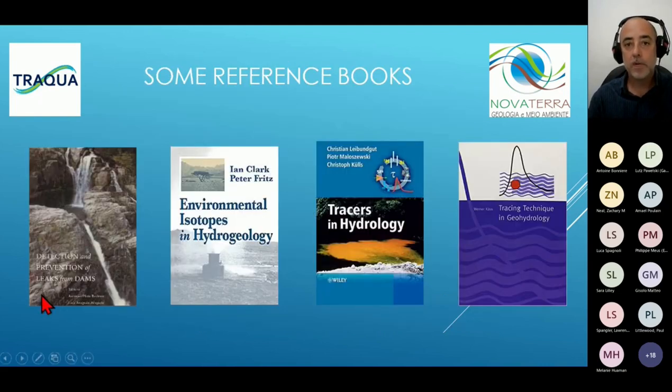Here are some reference books. These books are written by Bedmar and Araguas, Detection and Prevention of Leaks from Dams. This book is from the International Atomic Energy Agency, and these books have a lot of techniques, like tracers, to detect leaks in dams. And we have other books on isotopes and tracers in general.